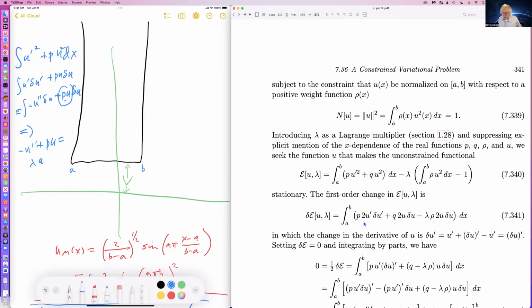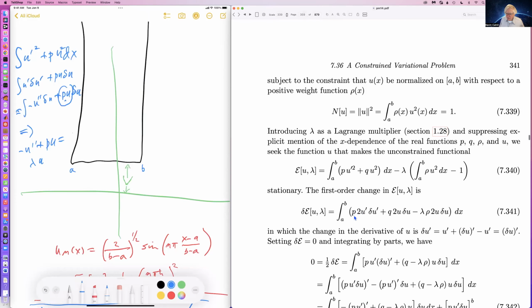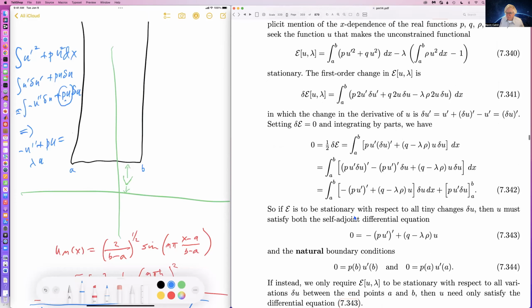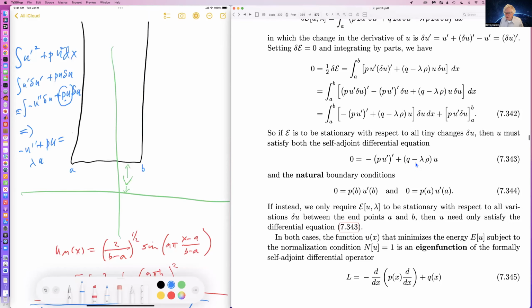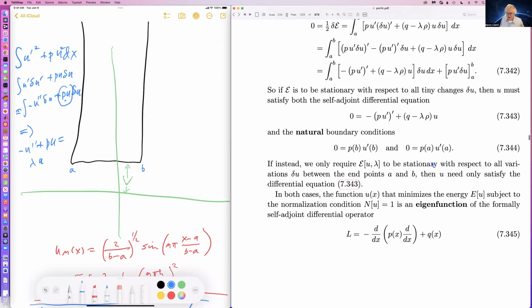And you want P to be non-zero in order for this term here to make sense. If P were identically zero, you'd wind up with something inconsistent, because you'd get an equation here that would just say that Q would have to be lambda rho identically. So that's sort of a silly special case.